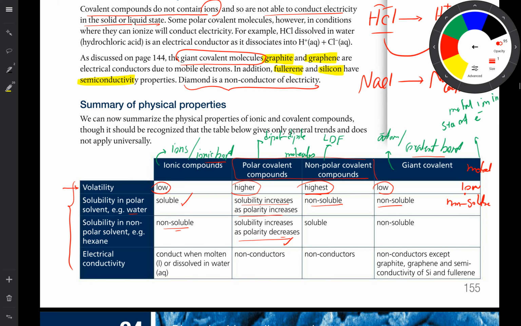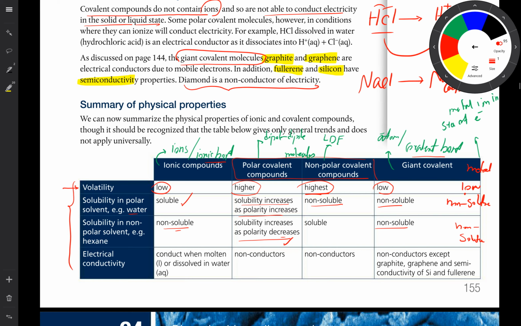But if the length of the hydrocarbon chain increases, for example in alcohols, it becomes more and more soluble. Non-polar compounds are soluble in non-polar solvents. Giant covalent compounds are not soluble, and metals are also not soluble in non-polar solvents.